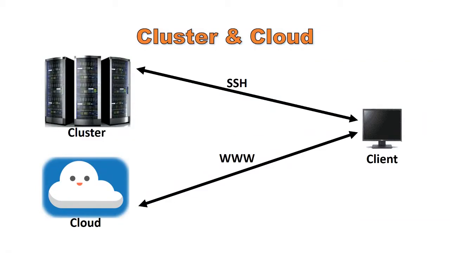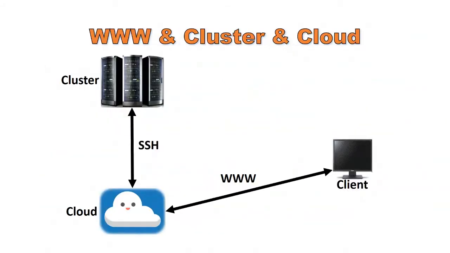What we're going to do is spin up a cloud instance and load up a web server. And in order to facilitate accessing the cluster, we will use SSH to go from the cloud to the cluster.